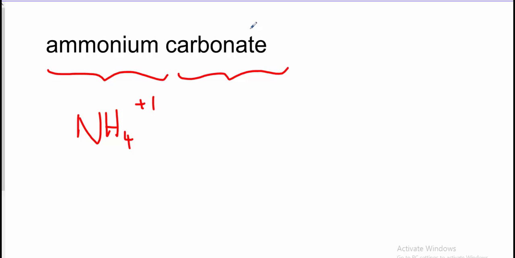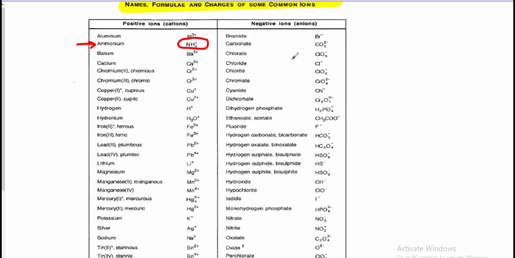The ate tells us that we are not dealing with a non-metal here. This is not carbon that has become an ion. This is a polyatomic ion, carbonate. It does not end in ide. So go straight to your chart of ions and you're looking for carbonate. And you'll see it, they're alphabetically organized here. Carbonate is a very common ion. It's CO3, 2 negative is the charge.